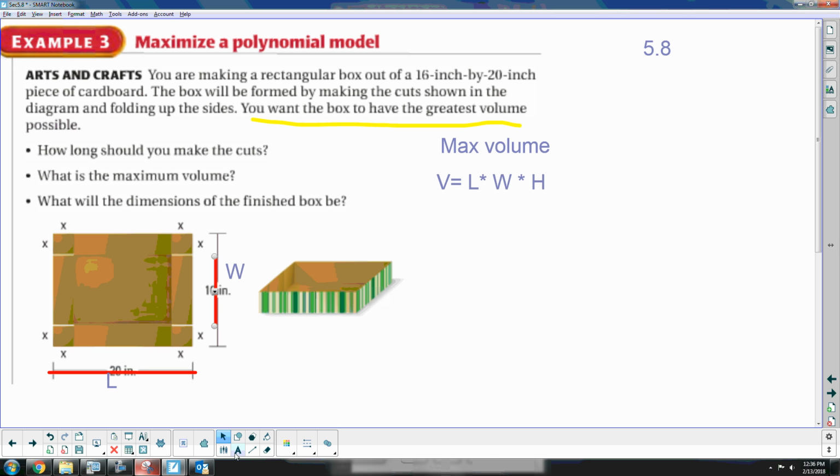So the width of our box is actually going to be 16 minus this x on the top, and minus this x on the bottom, because again, we're going to cut those pieces out so that we can fold our box up. So our width is actually going to be 16 minus 2x.